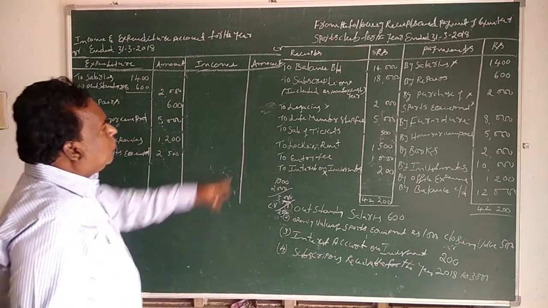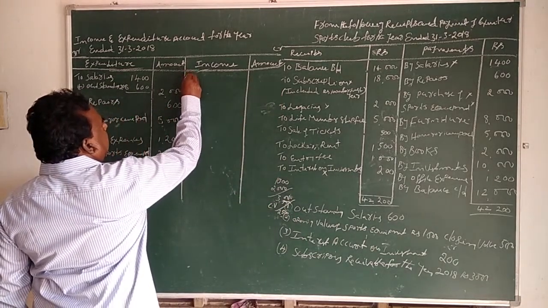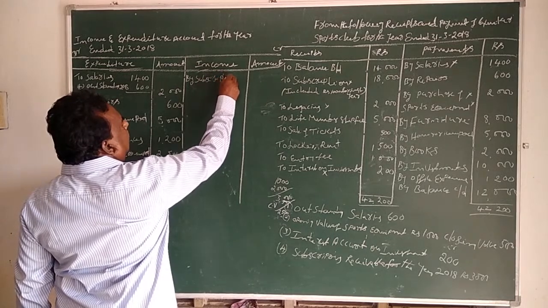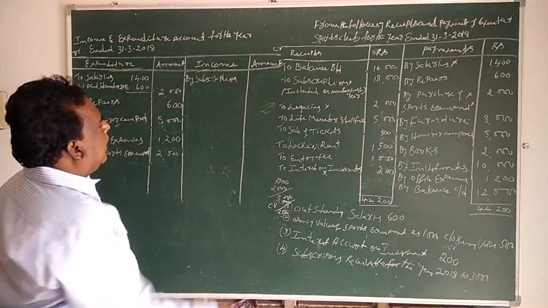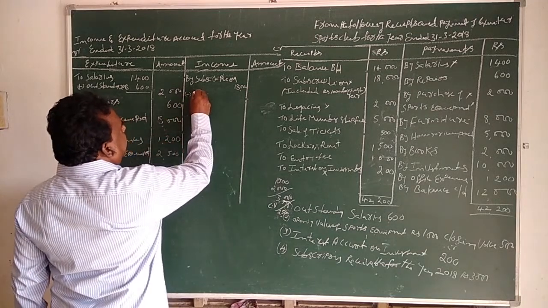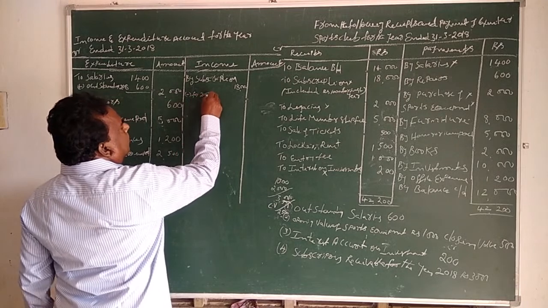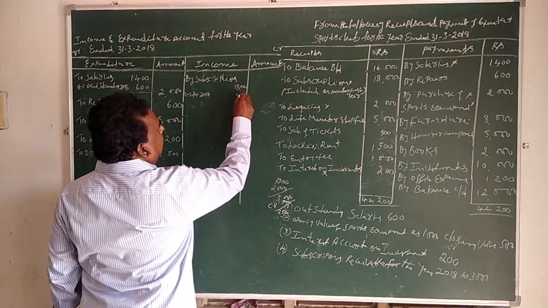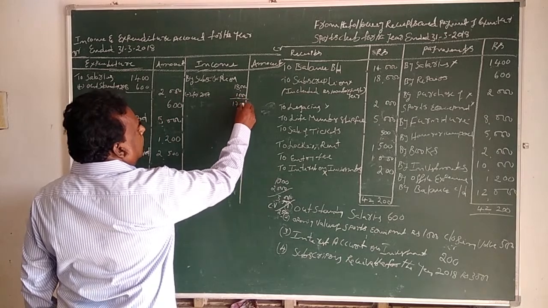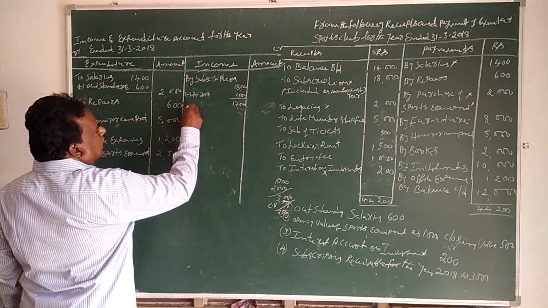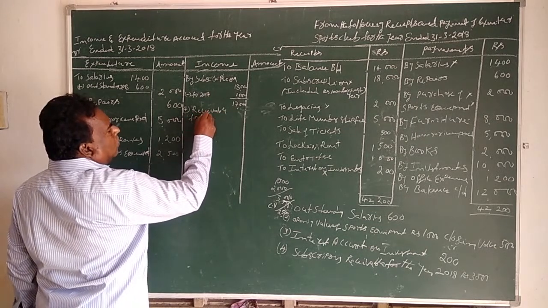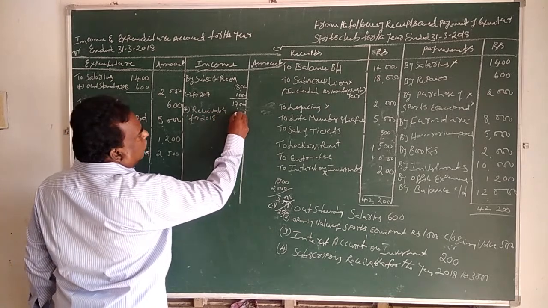Next, incomes. First one, subscriptions. By subscriptions 18,000, minus amount included last year for 2017, 1,000, gives 17,000, plus receivable for 2018, 3,000 rupees.